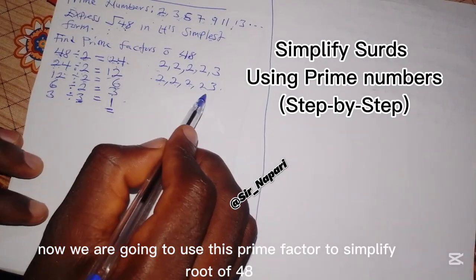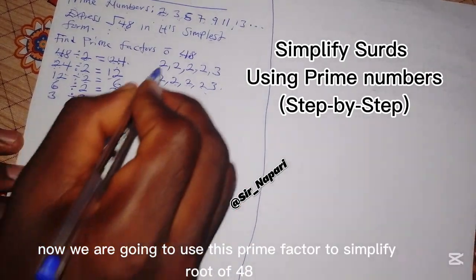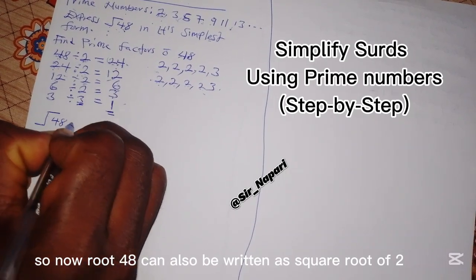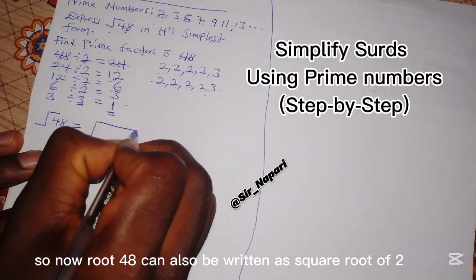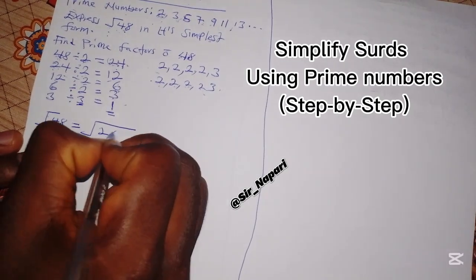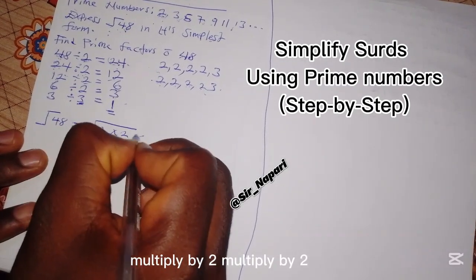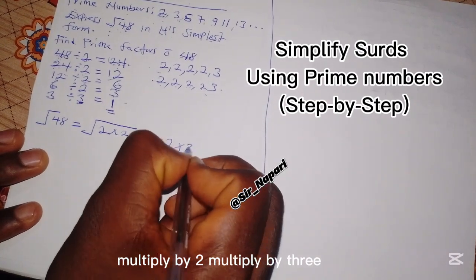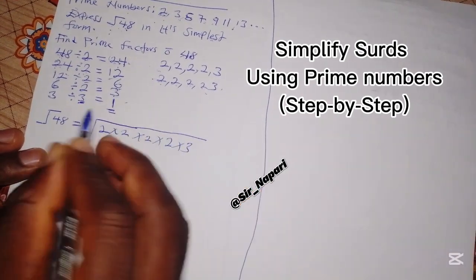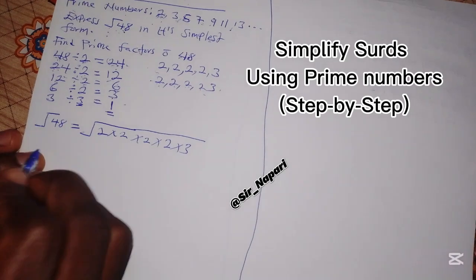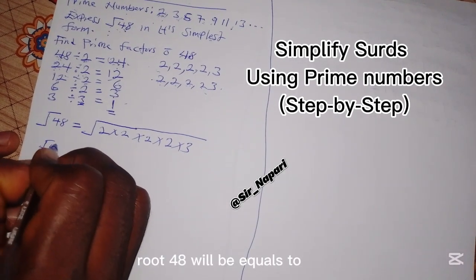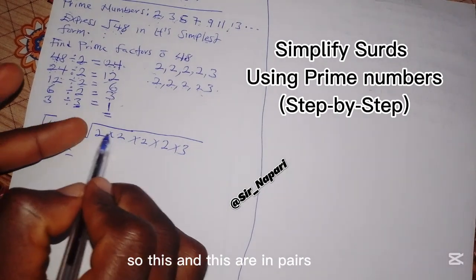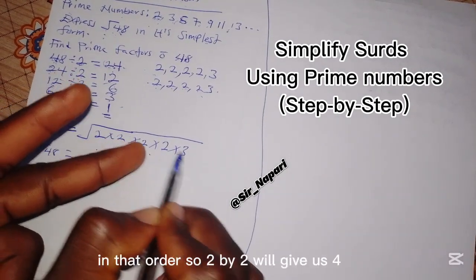Now we are going to use these prime factors to simplify root of 48. So root 48 can also be written as square root of 2 multiplied by 2 multiplied by 2 multiplied by 2 multiplied by 3. Root 48 will be equal to, we are going to break it down in pairs. So this and this are in pairs, this and this are in pairs in that order.